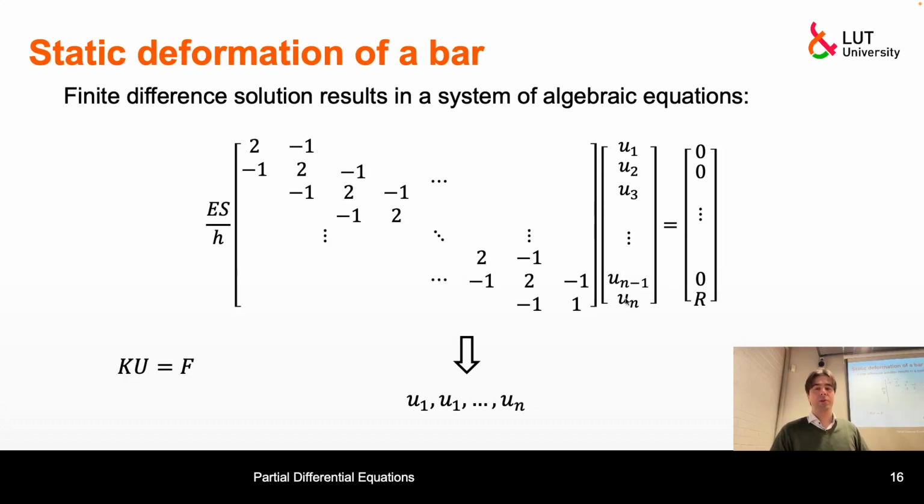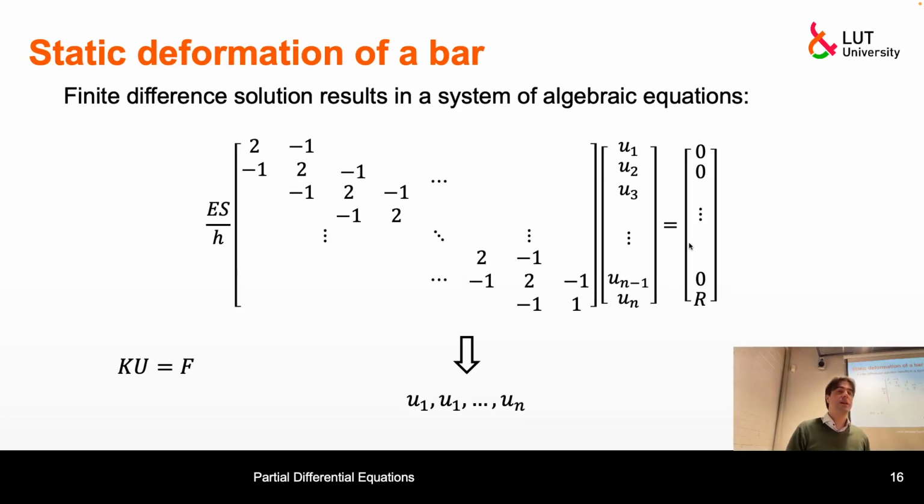There is this column of our unknown values, values of displacement at all those points where we are seeking them. And there is this right-hand side, which in this particular case has all zeros except for the last element, which is our applied force. So it came into the right-hand side of our equation.